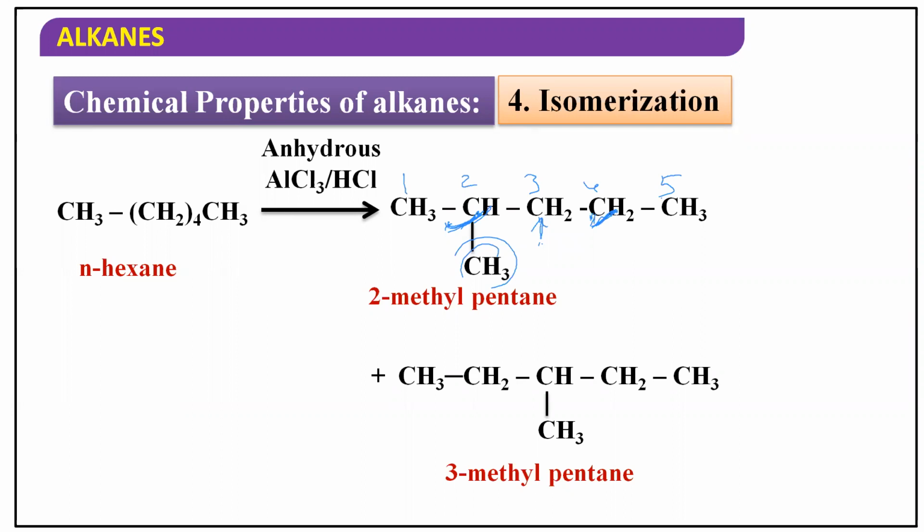Is there any other possible product? If it comes at the last, it is the same as normal hexane. Both lasts are the same, both second lasts are the same. Only the second last and in between give different products. So we get 2-methyl pentane as well as 3-methyl pentane. Any doubt, anyone in this?